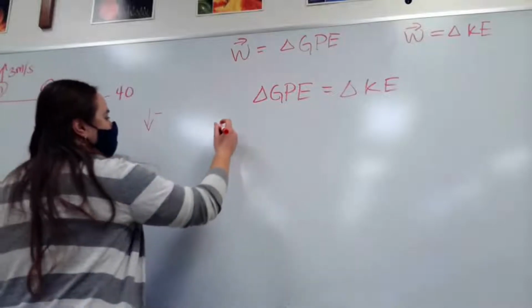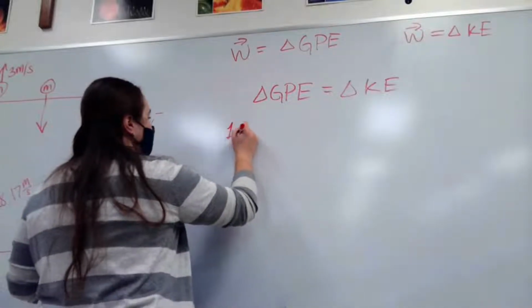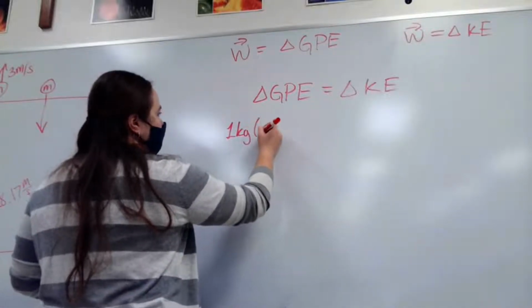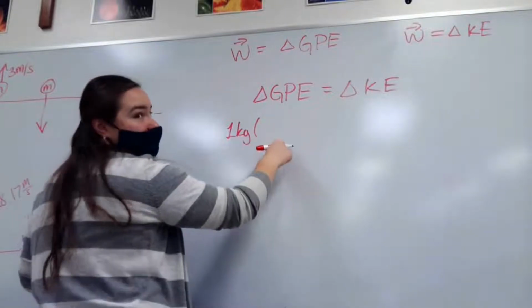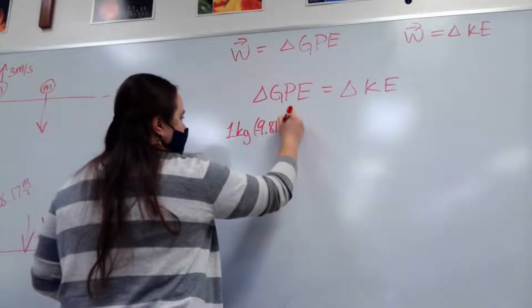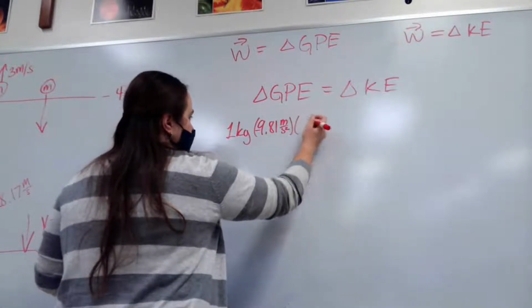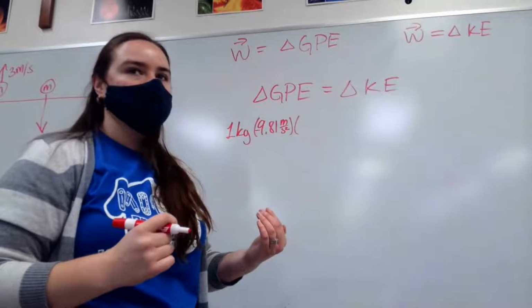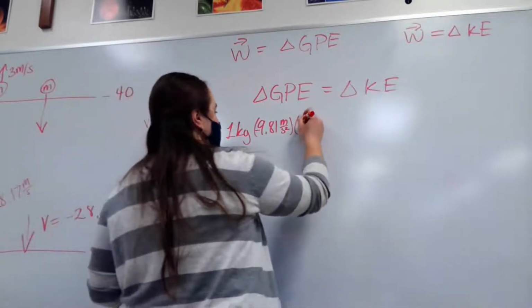So we're going to have our mass of 1 kilogram times, so it's mgh, negative 9.81 meters per second squared times our height. Our final height is going to be 0.